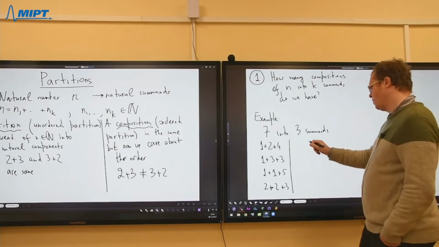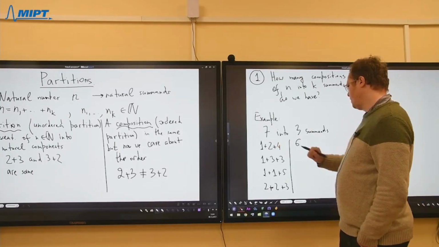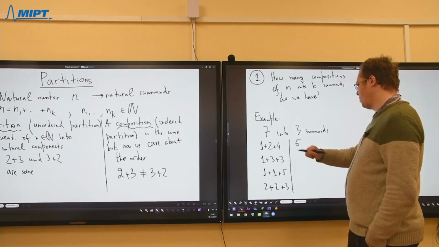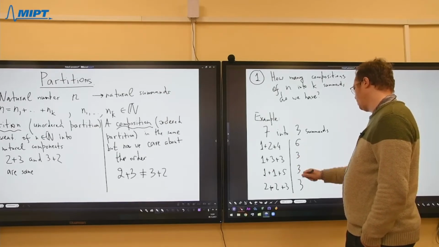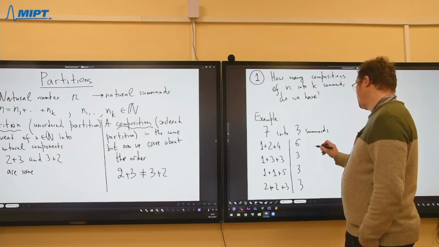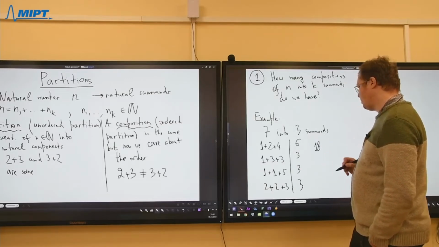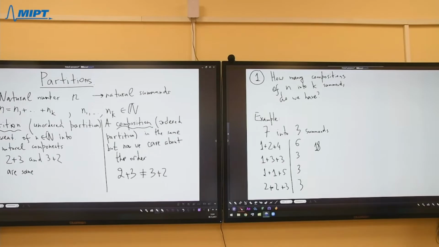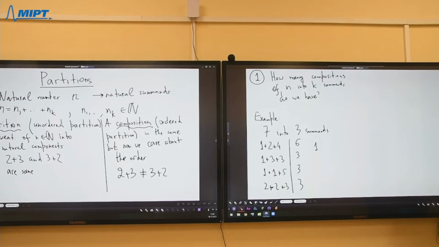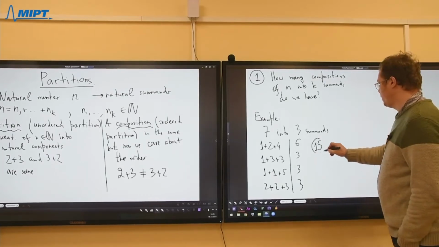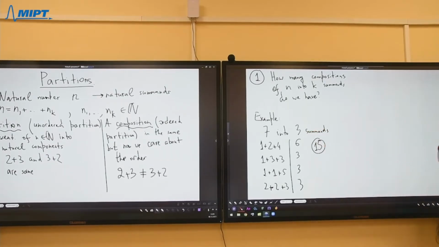So we have, I suppose, 6 compositions of 1, 2, and 4, 3 here, 3 here, and 3 here. So in total it will be 18. But maybe I forgot about something. Let me look. Oh no, not 18, 15. Yeah. So we have now 15 compositions of 7 into 3 summands.